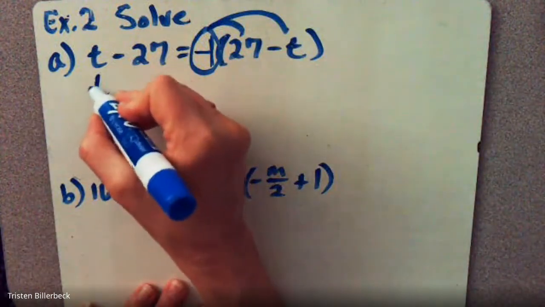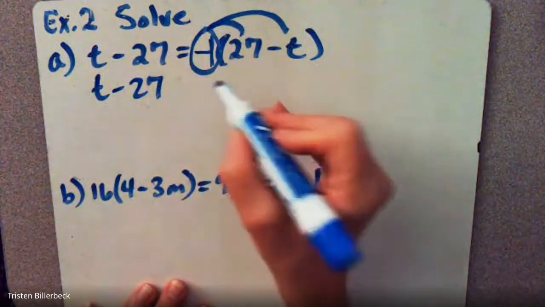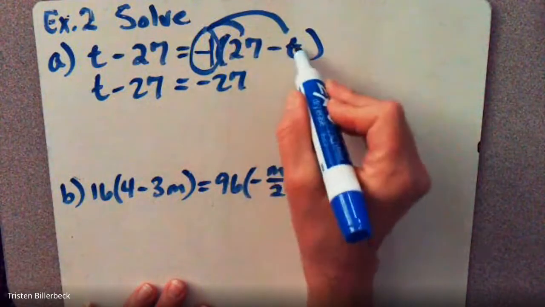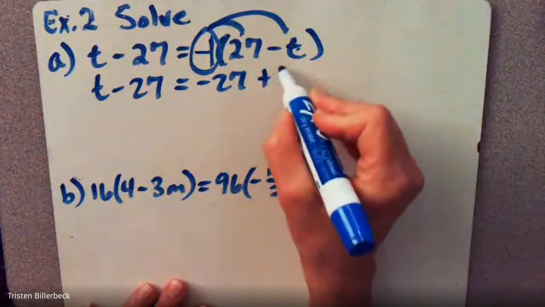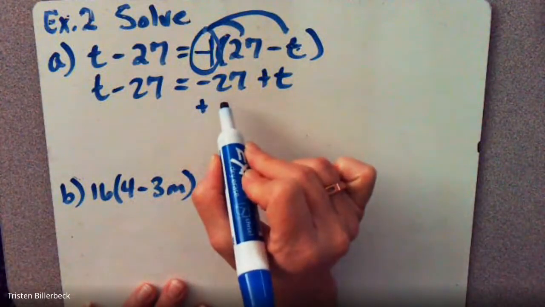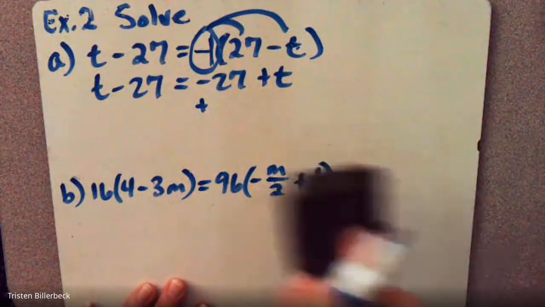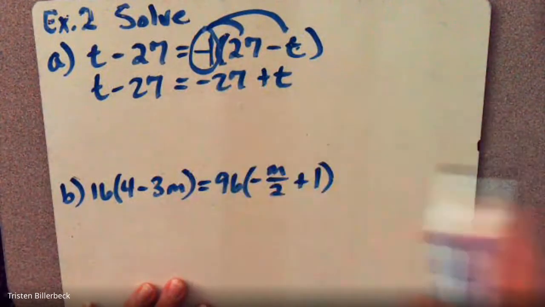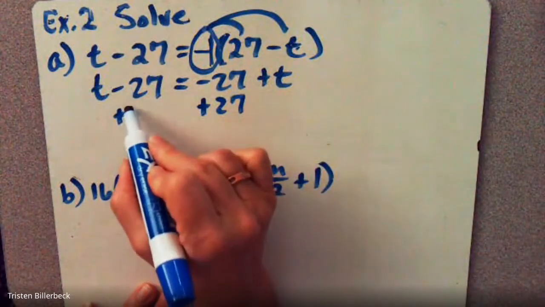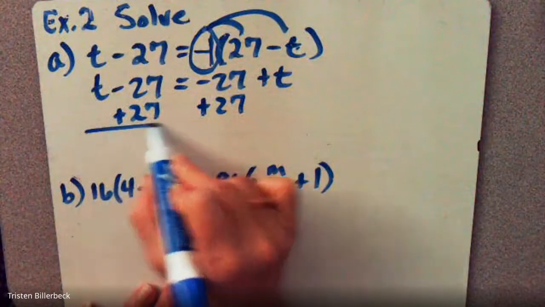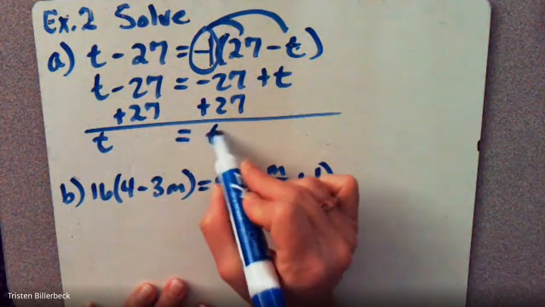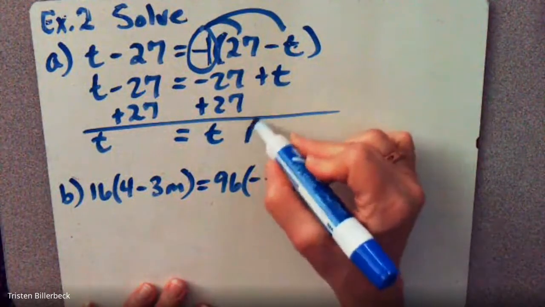So we have t minus 27 equals negative 27, and then that negative 1 times negative t is a plus t. So we're going to see we have a problem really fast. Let's do it this way. Plus 27, plus 27. That zeroes out, and we have t equals t. That's always true.